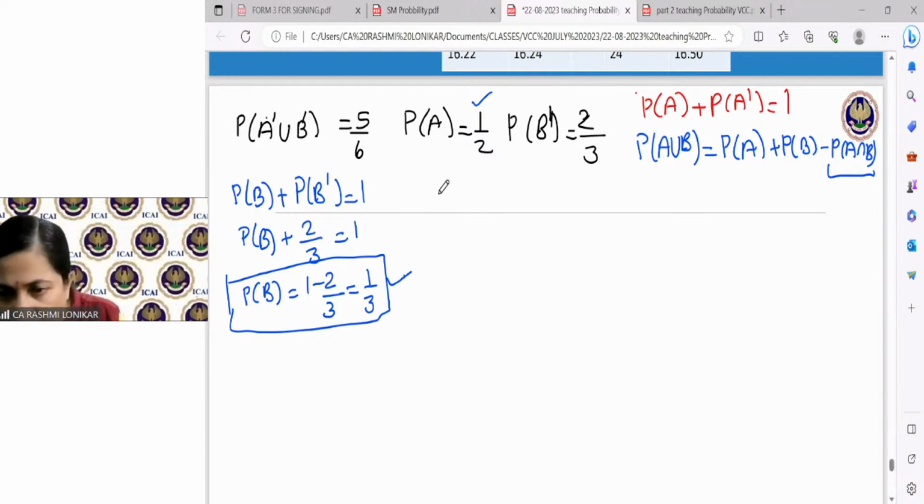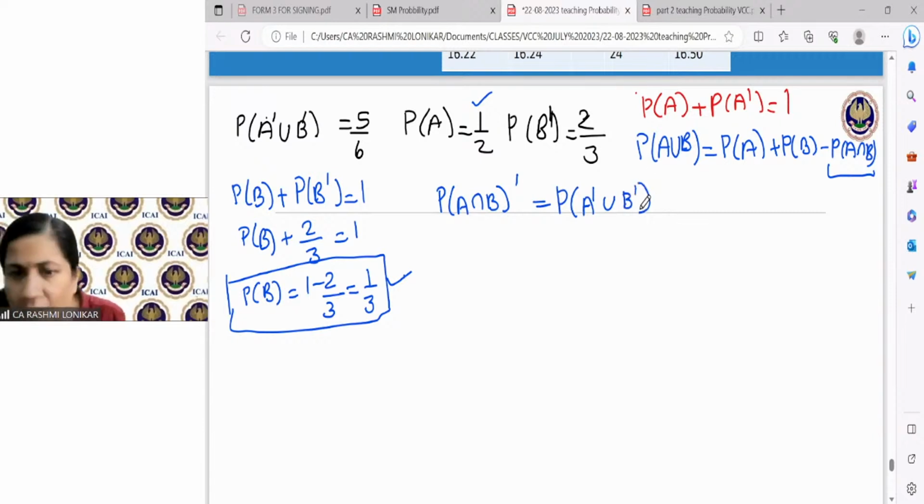Now, P of A intersection B complement is equal to P of A complement union B complement. Remember this, we have already done this in sets. Only now the P is added over here. So P of A intersection B complement is equal to P of A complement union B complement.